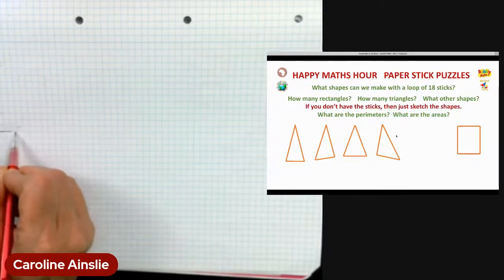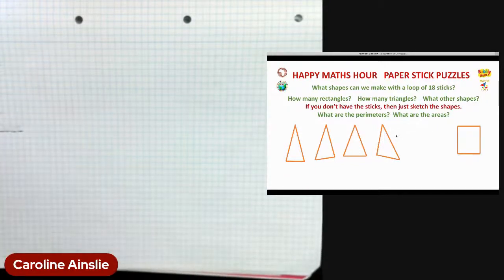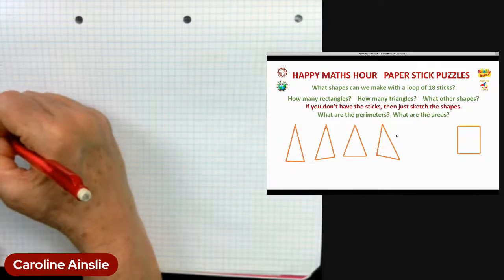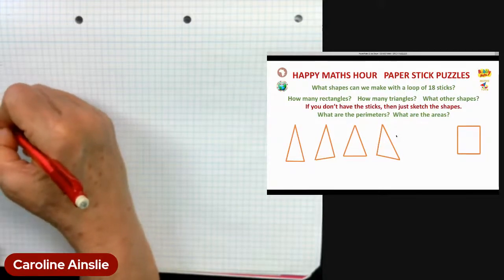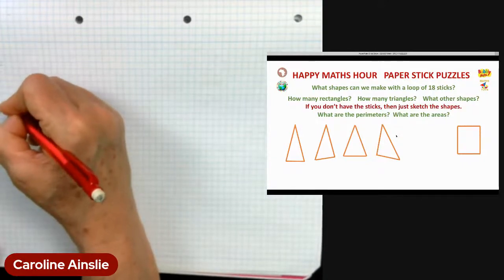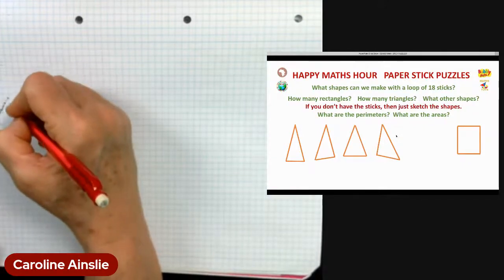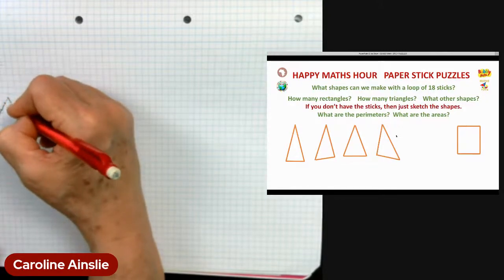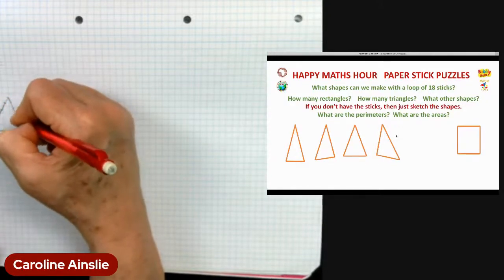2, 3, 4. I'm going to go with 5. How many have I got left? 13. Oh, that doesn't sound so good. 2, 3, 4, 5, and then these are going to have to be smaller. Oh, yeah, my angles aren't right here, Tony.